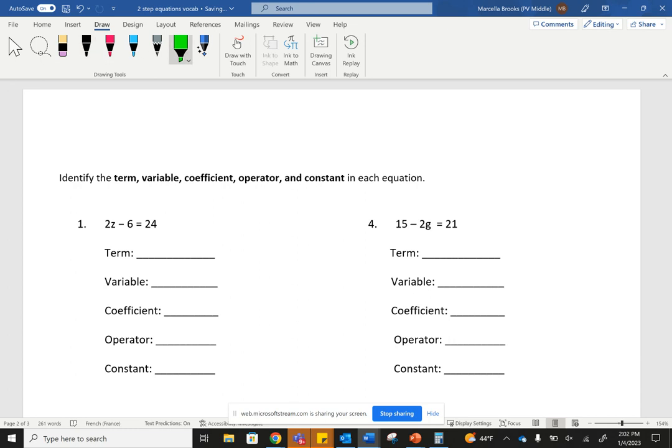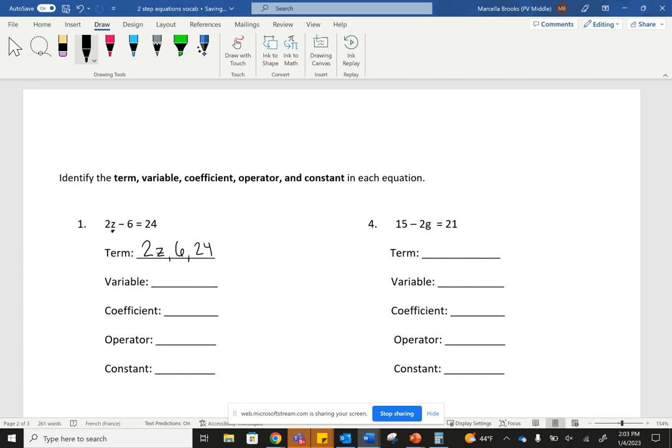So term is like the words in a sentence. It's word, word, word. We leave out the operator and we leave out the equal sign. So it's going to be 2z, 6, and 24. Those are all the terms in our equation. A variable, remember, is just a letter that stands for a number that we don't know.